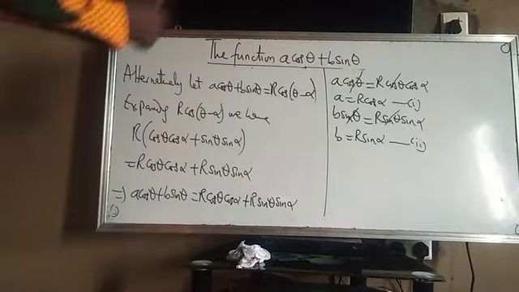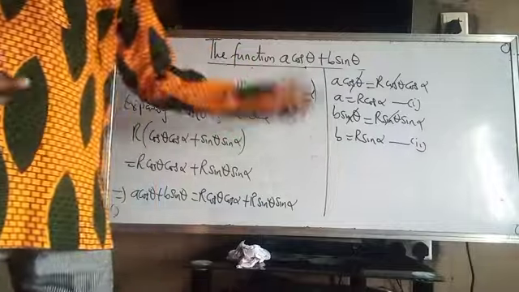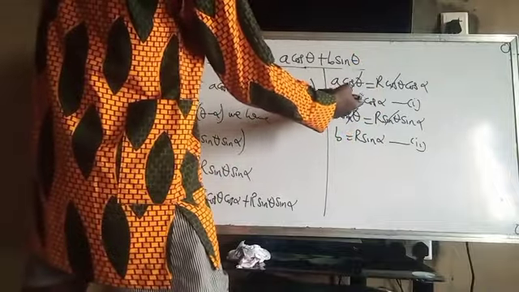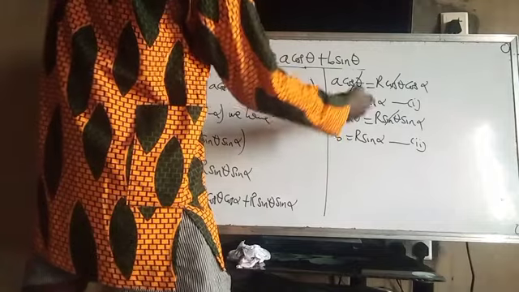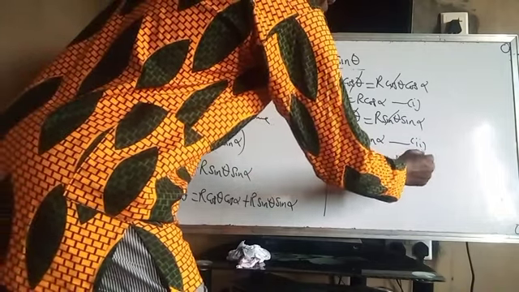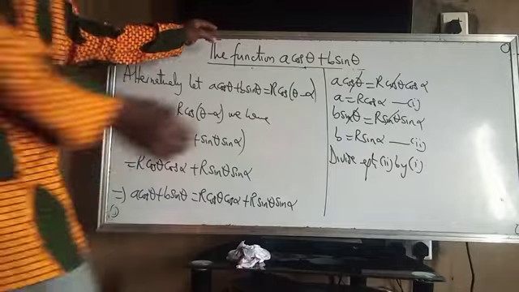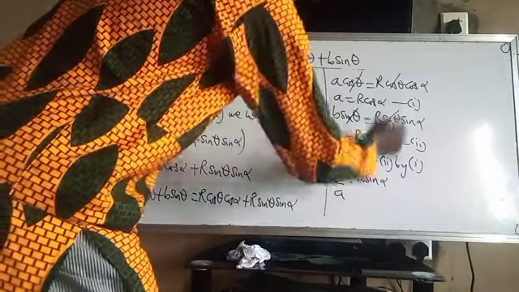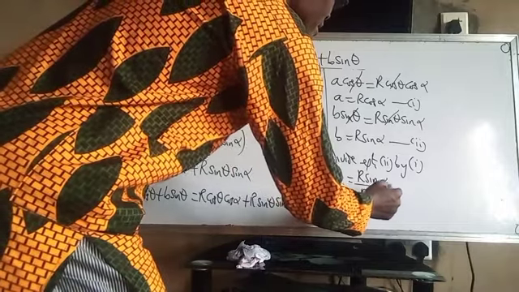Okay, so if I square them, or before squaring them, I can easily, just like I did for the other one, divide. Let's look at how I can get tan theta here. If I divide r cos theta by r sin theta, I will get cot. So let's say divide equation 2 by 1. I want a version of tan. Equation 2 is b equals r sine alpha, over equation 1, a equals r cos alpha.